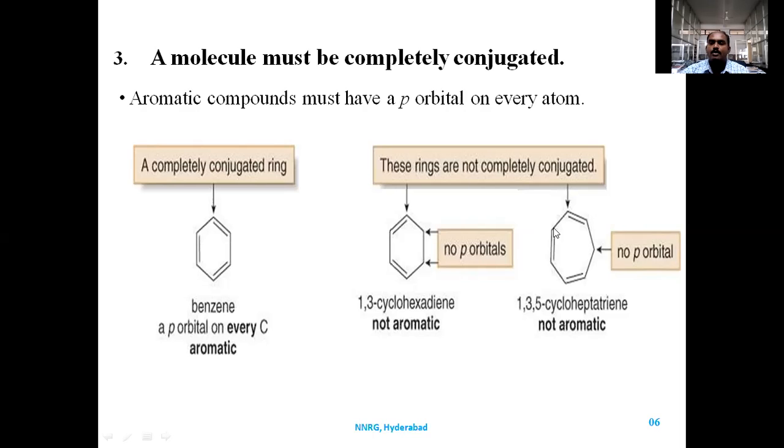The pi electrons from the neighboring carbons are not delocalized to this carbon because it does not have a p orbital. So 1,3,5-cycloheptatriene, though it is cyclic and has conjugation, is not completely conjugated because one carbon does not have a p orbital. Delocalization is not possible here, so complete conjugation is not possible. That is the reason it is not aromatic in nature.